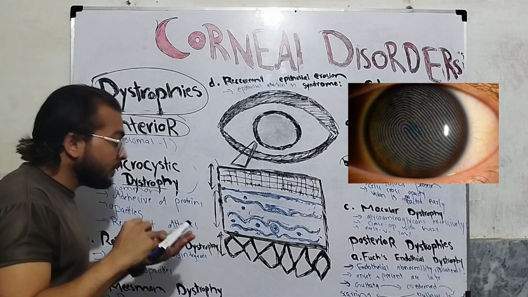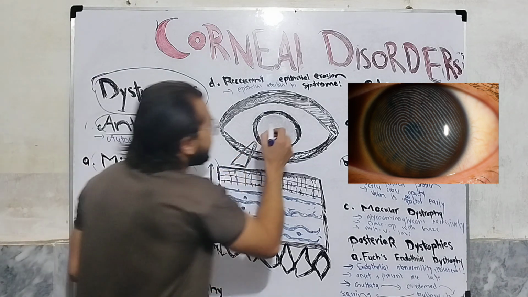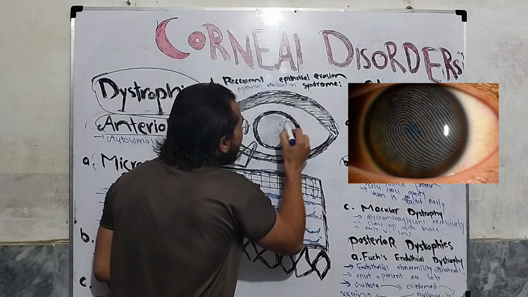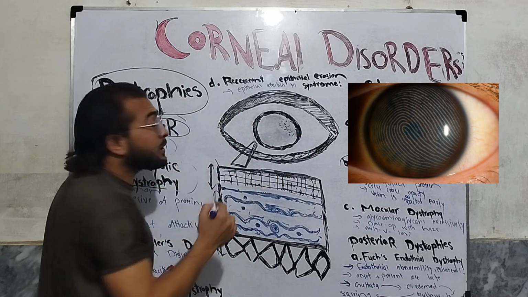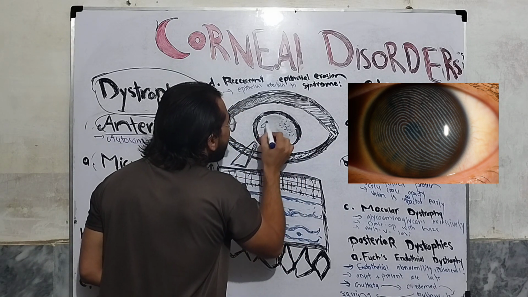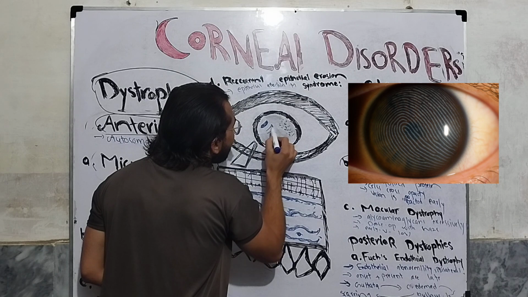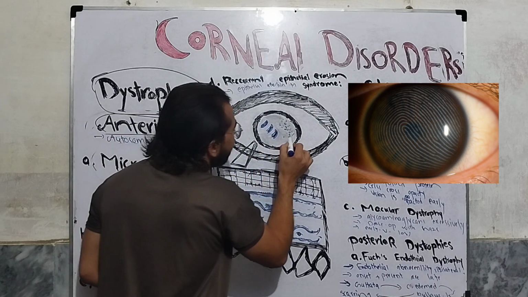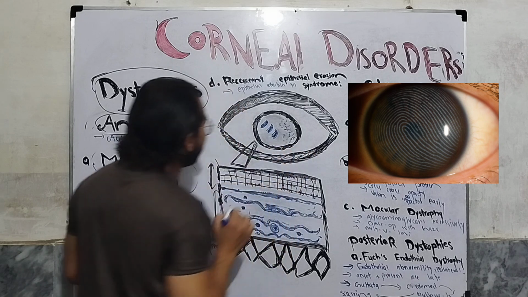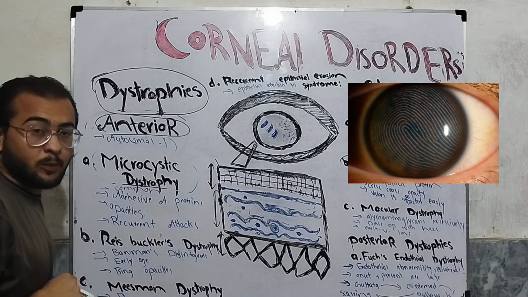This opacity will clinically appear dot-like. We will have dot-like or fingerprint-like opacities seen clinically in microcystic dystrophy.